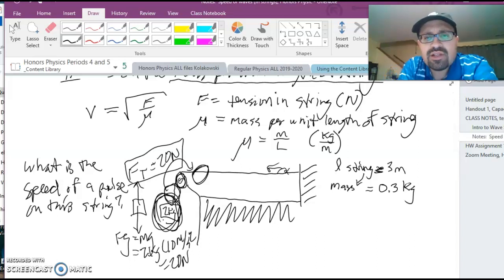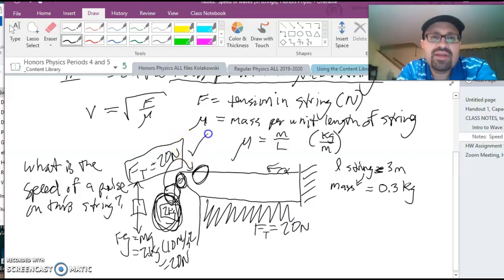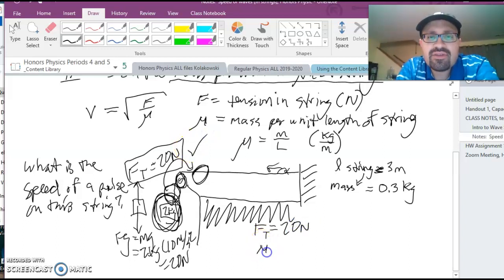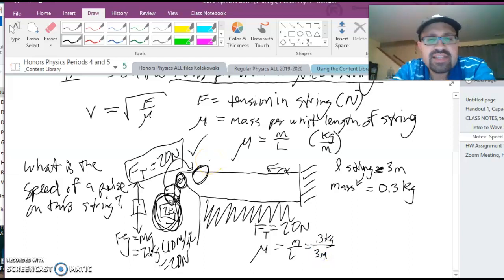All right, so let's do a little bit of calculation here. We have F is 20 newtons, so that's where we have that over here. Let's go ahead and figure out the linear density of the string. So that's M over L. That's going to be 0.3 kilograms divided by 3 meters of length of string. So that would be all the string. Basically, it's kind of like a density, a linear density here. That's going to be 0.1 kilograms per meter.